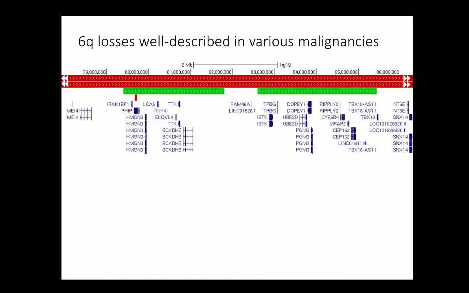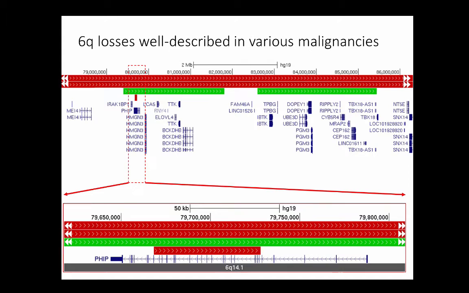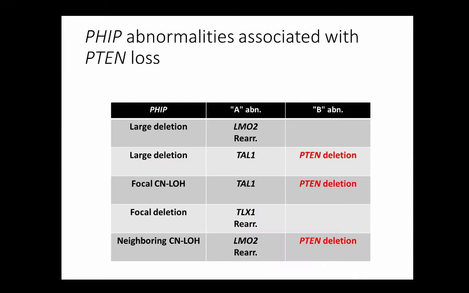However, these generally are large deletions, and there's no real consensus on what the critical genes are. However, we noticed many of the abnormalities in our patients shared a gene known as PHIP, for pleckstrin homology domain interacting protein.